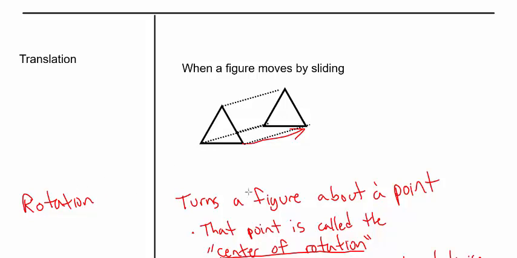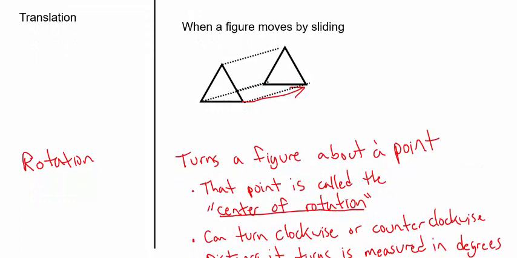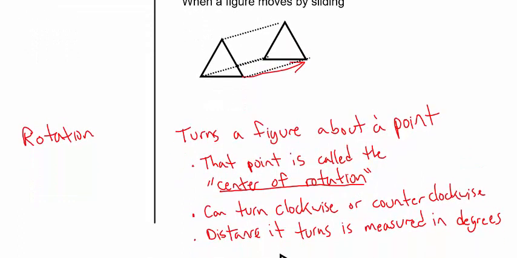A rotation turns a figure about a point, and that point is called the center of rotation. It can turn clockwise or counterclockwise, and the distance it turns is measured in degrees.